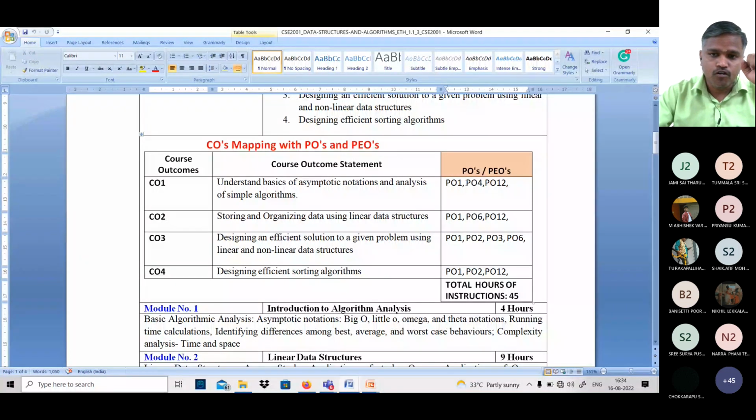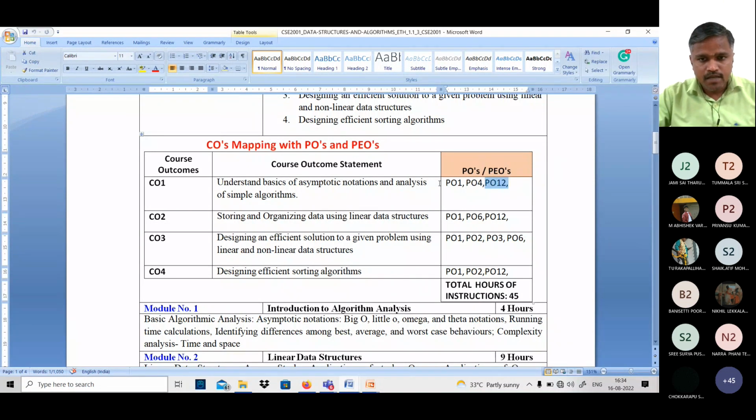Then PO4: here you are analyzing the algorithm, and for analyzing the algorithm you need to investigate the problem, which maps to PO4.